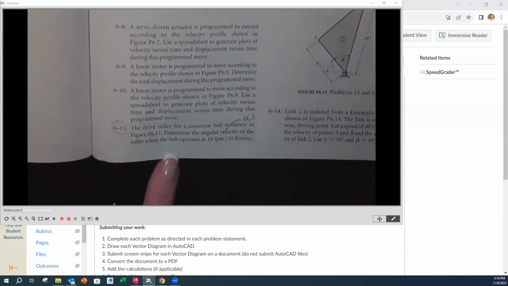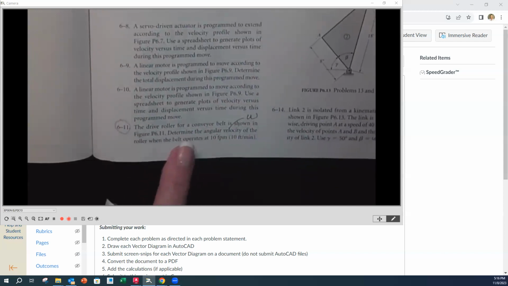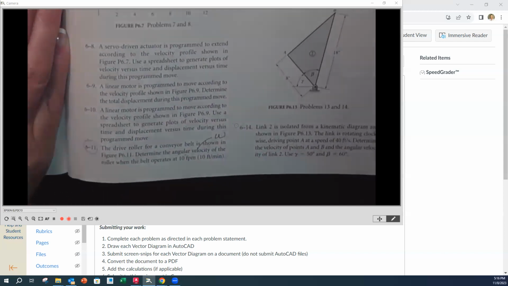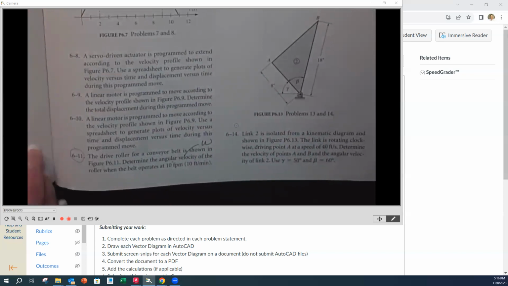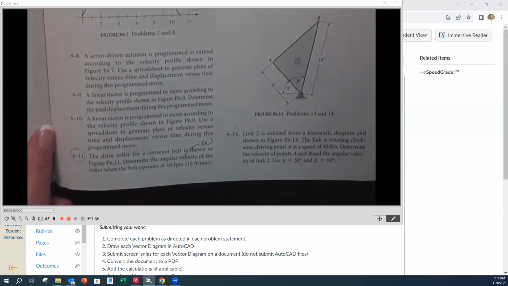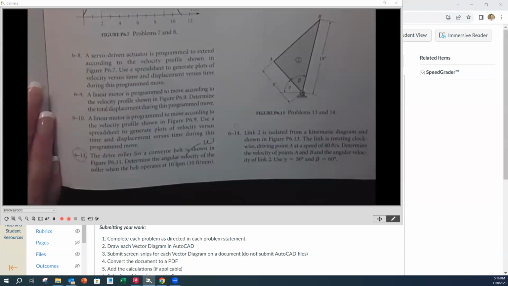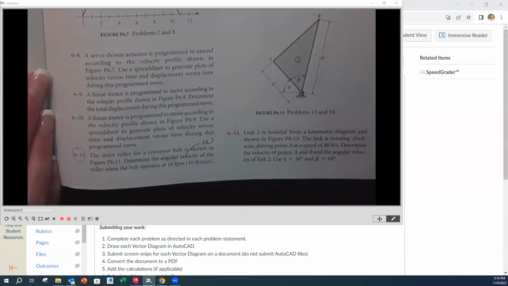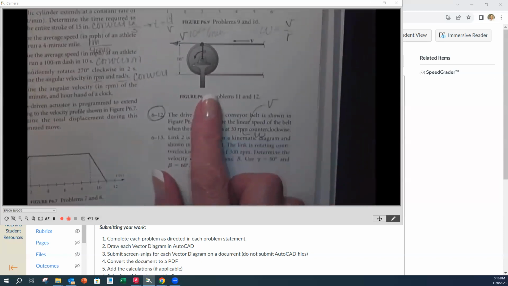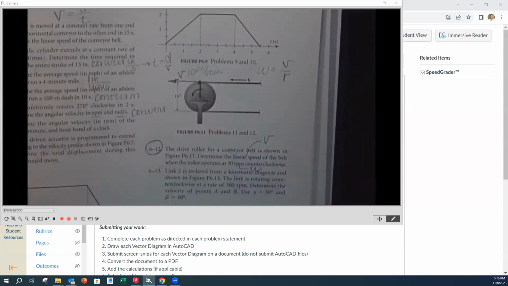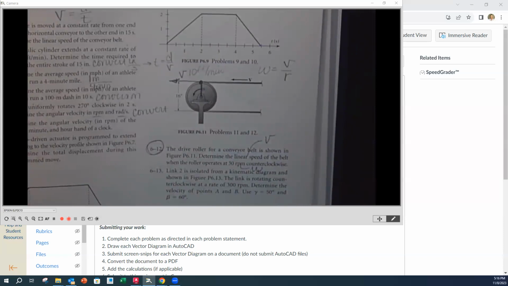Our next one here, number 11, it's actually the statements at the bottom, but the illustrations towards the top of the second column. So we have a drive roller on a conveyor is shown. Determine the angular velocity, so W, of the roller when that belt operates at 10 feet per minute, okay? So if we go up here on the next column, this is going to be the illustration.